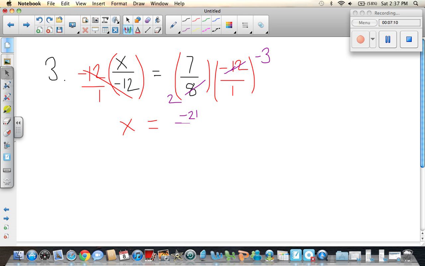And then in the denominator, 2 times 1 is going to give us 2. And 21 is not divisible by 2 because it does not end in an even number. So this is your final answer. This is as simple as it gets. And then we can also think about what this would look like as a mixed number. So we would get 10, and then 10 times 2 is 20, so we're left with a remainder of 1/2. So as a mixed number, this would be -10 and 1/2.